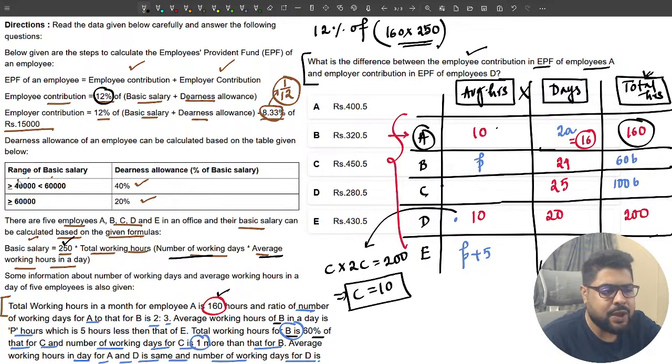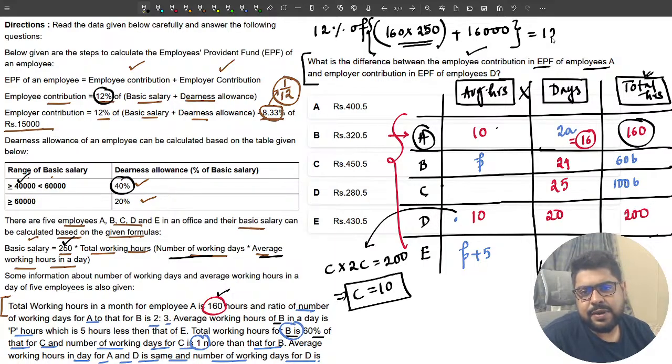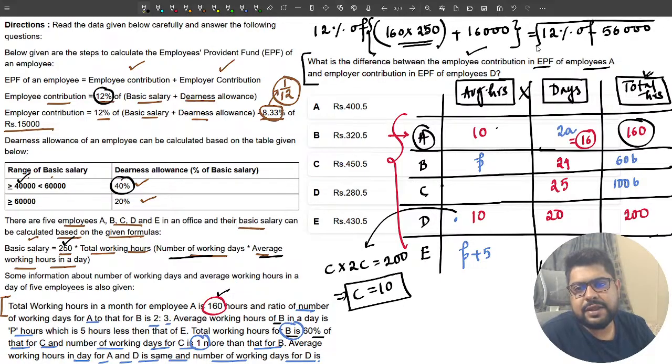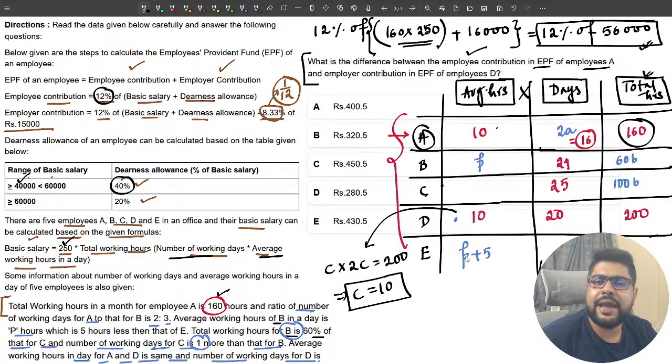DA is 40%, and 40% of 40,000 is 16,000. So 12% of 56,000 rupees is the employee contribution for A.